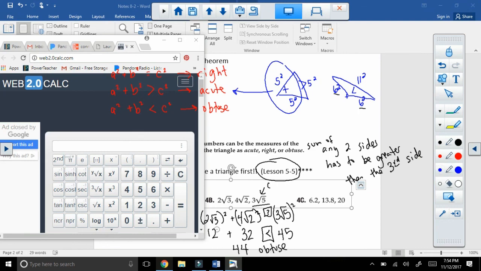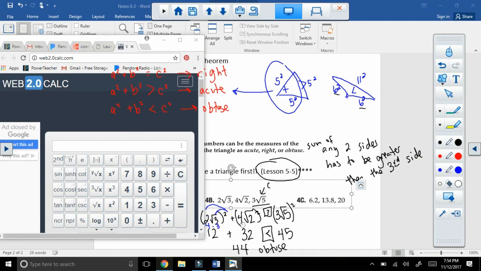Another way that you could come up with these if you didn't have a calculator is, if you remember, you need to square each part. And this is really what I do, I just do it in my head. We have 2 squared, which is 4, times when we square the square root of 3, we end up with 3. So this is 4 times 3, which is 12.